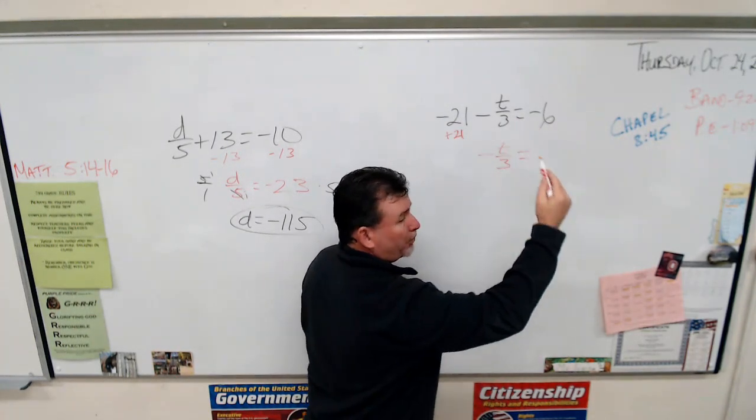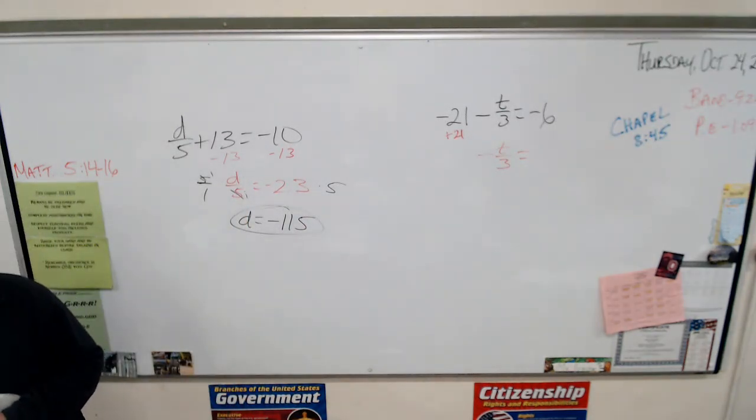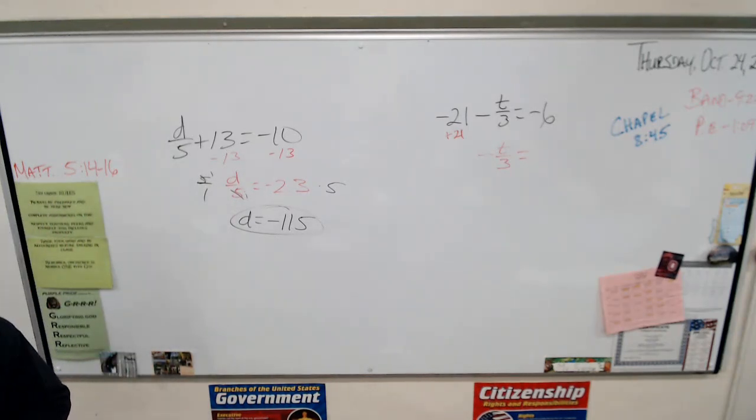Negative 6 plus 21. Signs are different, so find the difference. What's the difference between 6 and 21? The difference is 15.